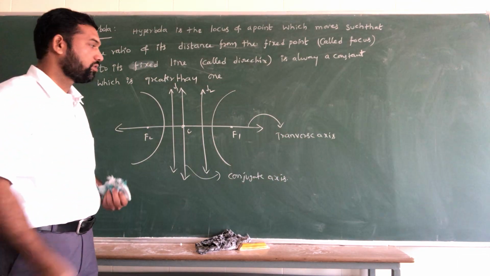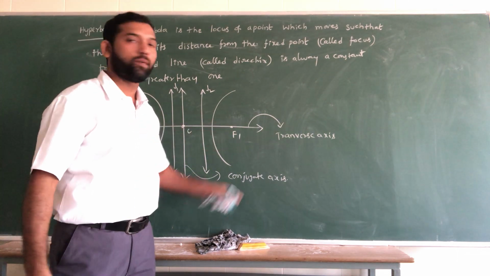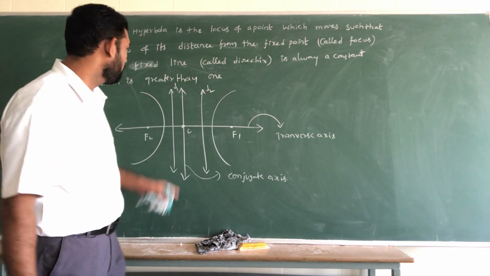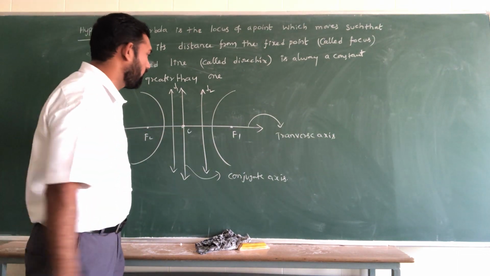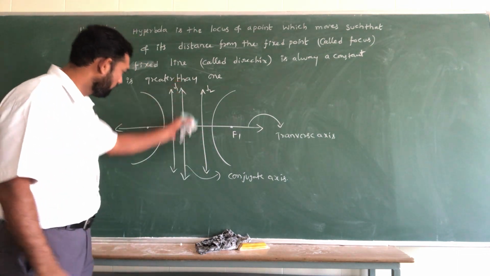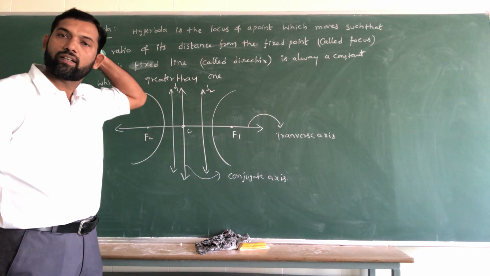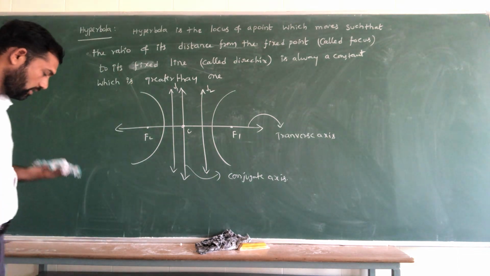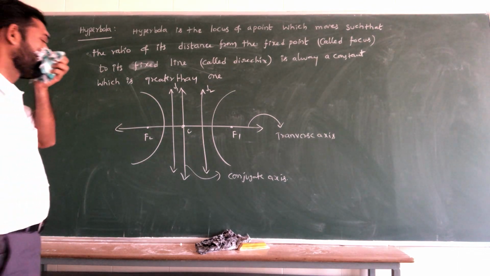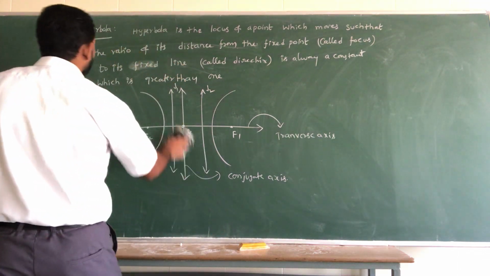In the ellipse, this is the major axis and this is called the minor axis. In the hyperbola, this is called the transverse axis and this is the conjugate axis. Note down first. Next, about this one.